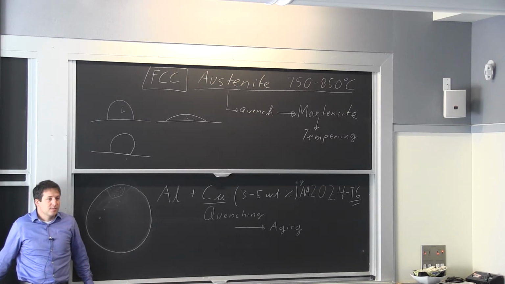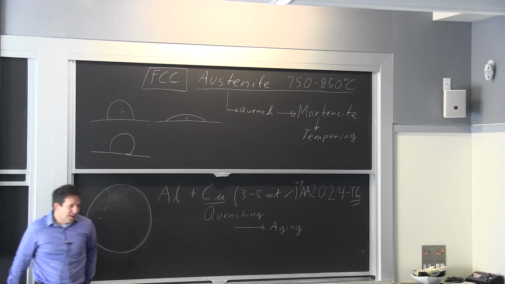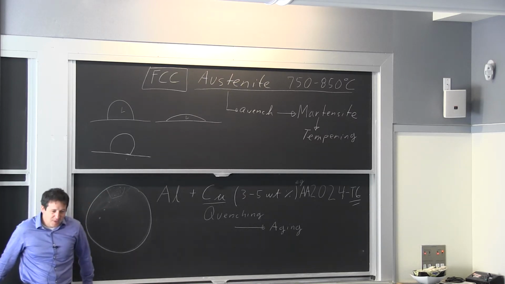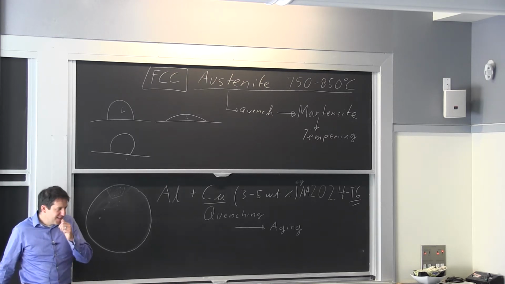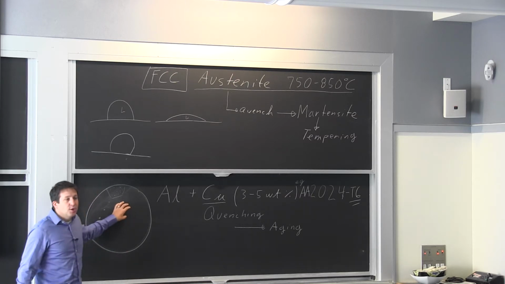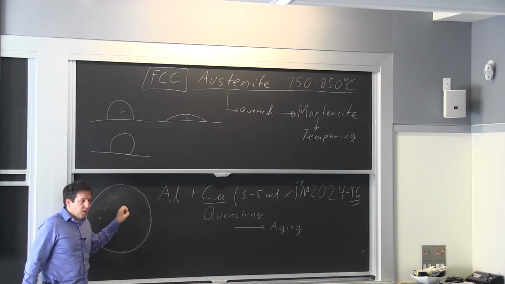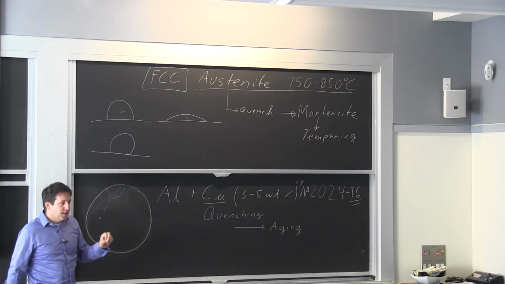Yes? If you're aging at room temperature, how do you make it stop, like for these aerospace alloys? Very good question. A lot of times you will wait. It's not going to be very long before you use all your copper. And we'll get to that.